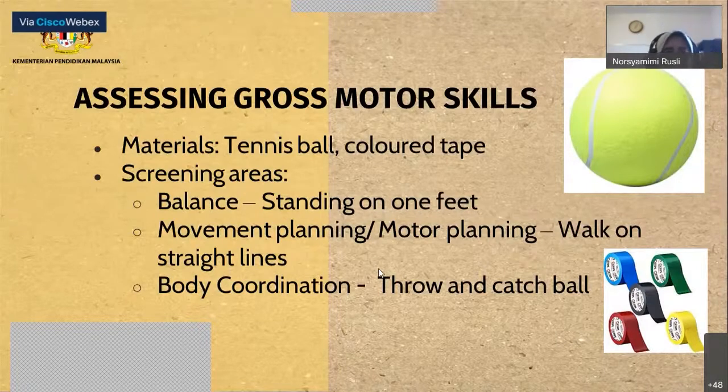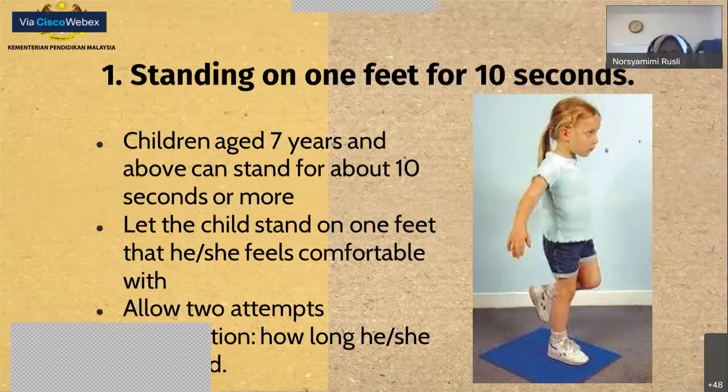Okay, for the activity standing on one foot, you have to ask the child to count to 10 while standing on one foot. Usually children aged 7 years and above can stand for about 10 seconds or more.